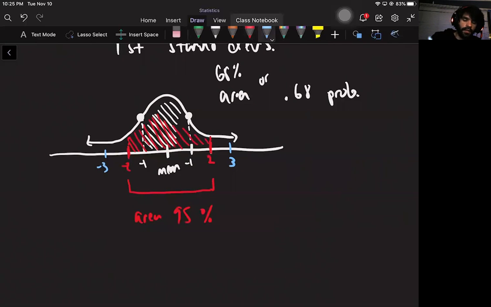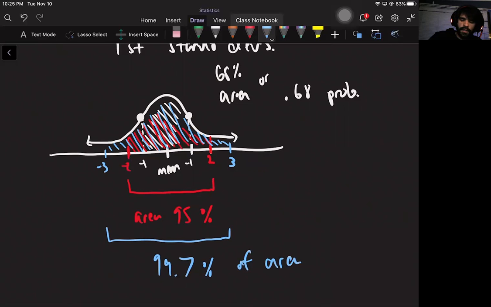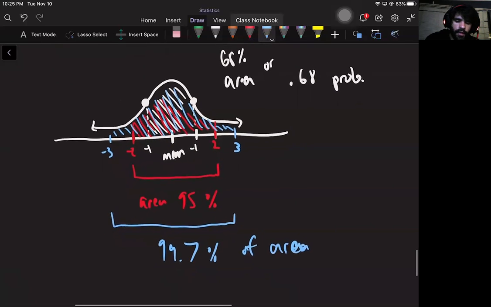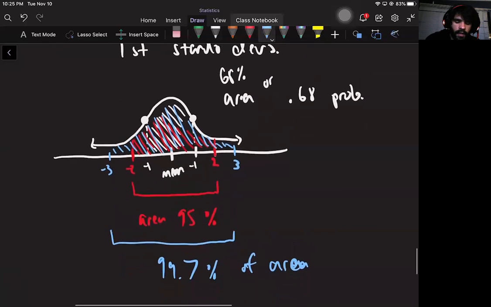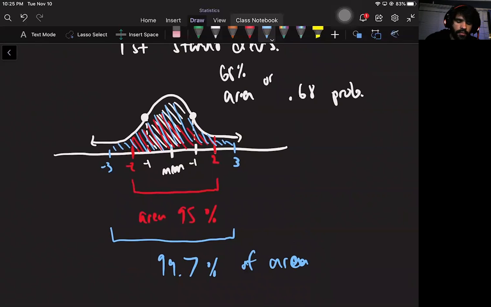Okay, so in any case, now this blue area, that is 99.7% of the area. So the idea is it's pretty rare, statistically speaking, to be beyond 3 standard deviations away from the middle, because 99.7% of the area is between the 3 standard deviations on either side.